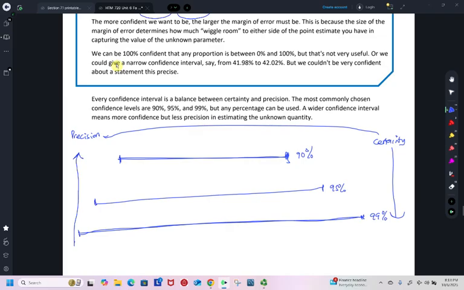In other words, if I told a friend that I'll be visiting between 4 p.m. and 10 p.m., compared to another friend to whom I said I'll be visiting between 4 p.m. and 5 p.m., I might be certain that I have sufficient time to get there between 4 p.m. and 10 p.m., but my friend might not like it because it's not a precise time.